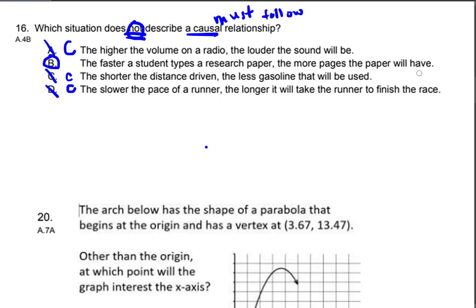Then yes, it would have more pages by you typing faster. But the thing is, the research paper might get done at 2 pages, and at that point, it doesn't mean it's going to have more pages. You just got done with the paper faster.